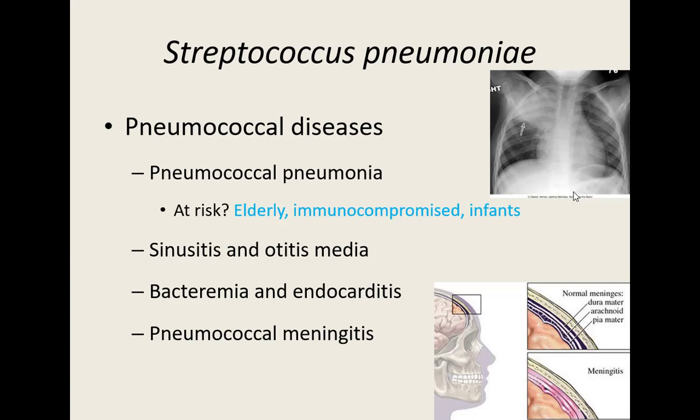It can, however, get into the bloodstream, causing bacteremia. It can get into the heart and cause endocarditis, and it can cause meningitis if it gets up near the brain as well. So although its name says pneumonia, it is not the only thing that it can cause. Really, you'd say there are more cases of ear infections and sinus infections caused by this bacteria than anything else.